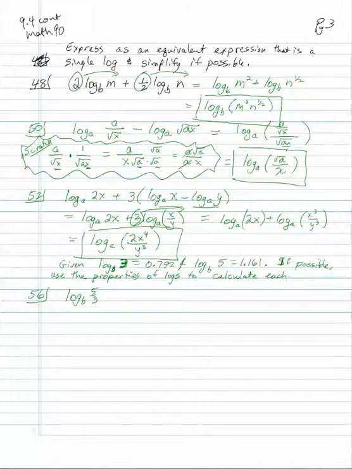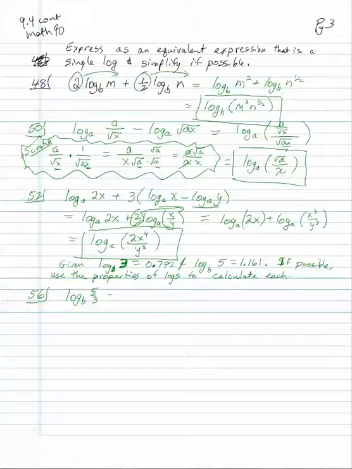Okay, so from 55 to 68 in the book, they tell you if given log base b of 3 is 0.792 and log base b of 5 is 1.161, if possible, use properties of logs to calculate each of the following.